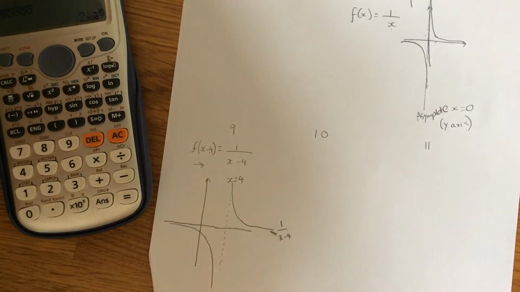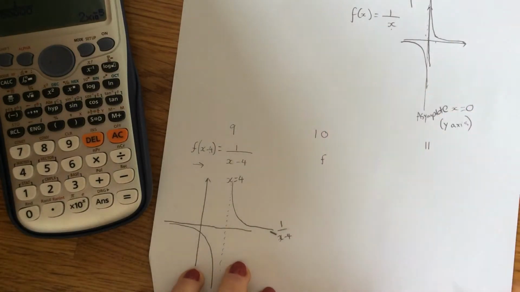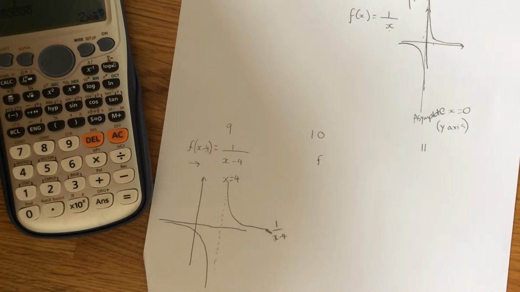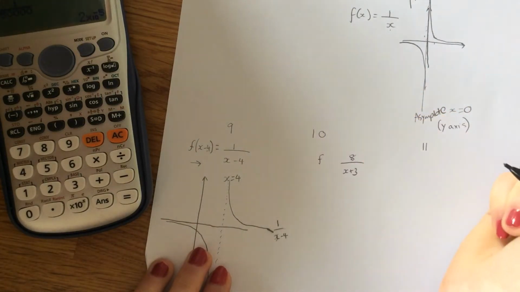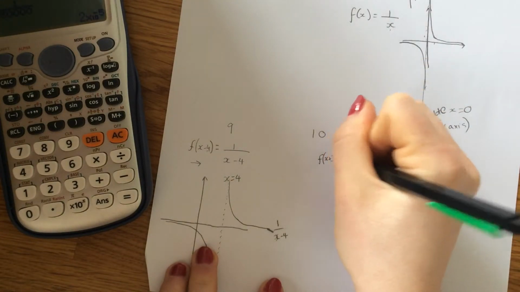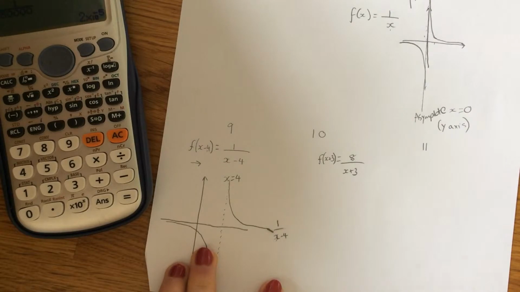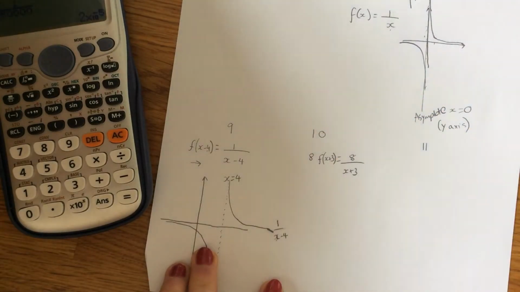Then for question 10, we've got f of x going to 8 over x plus 3. So this time we've got x plus 3, but we've also multiplied the whole thing by 8.